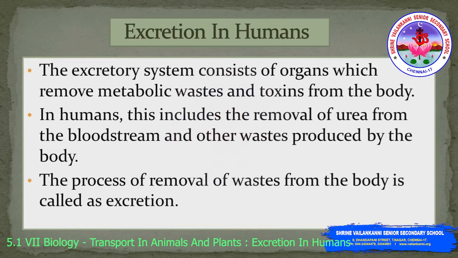The excretory system consists of organs which remove the metabolic waste and toxins from the body. In humans, this includes the removal of urea from the bloodstream and other waste products that are produced by the body. The process of removal of waste from the body is called excretion.